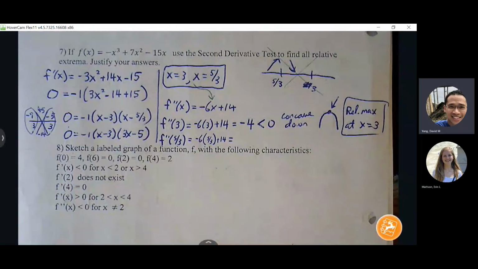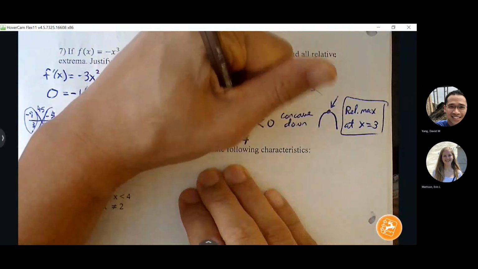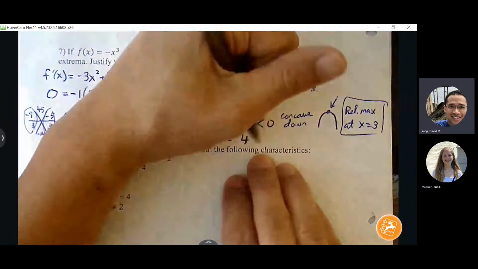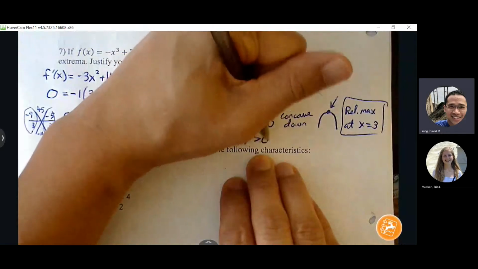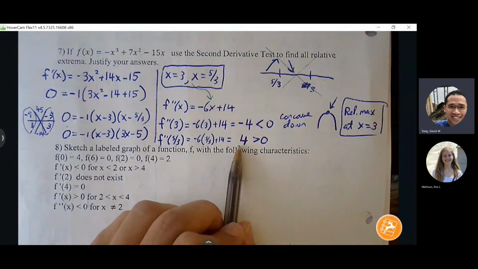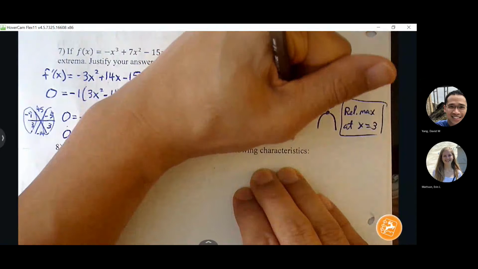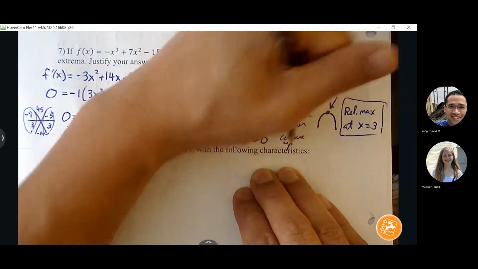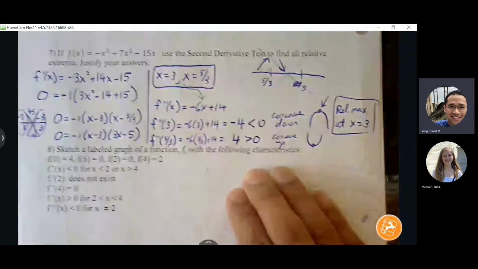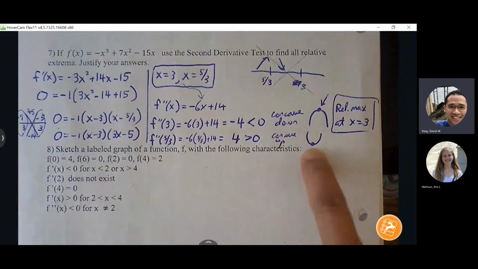Negative 2 times 5 is negative 10. Negative 10 plus 14 is 4. So positive 4. The number is not that important. It's the fact that it's positive. So let's verbalize this. Positive second derivative value means concave up. And if you can graph a concave up graph, the only point that's staring back at you in terms of a relative max, relative min is a relative minimum.